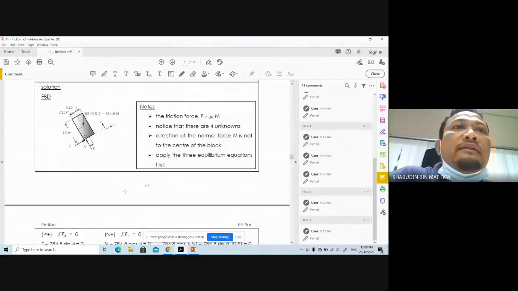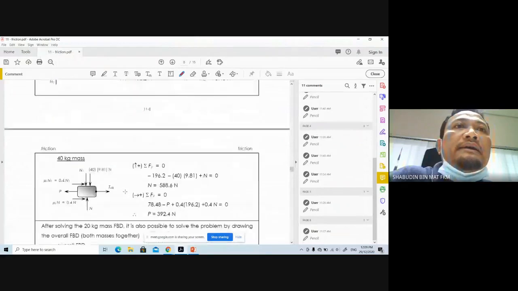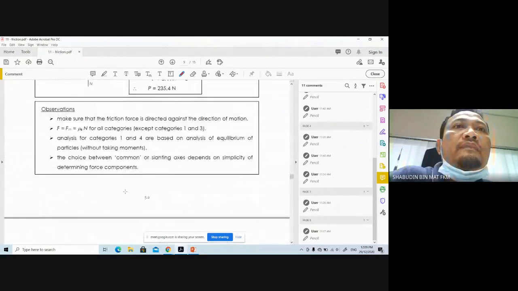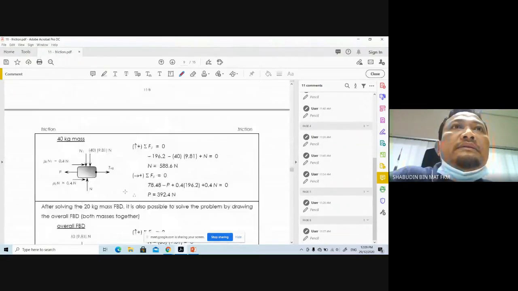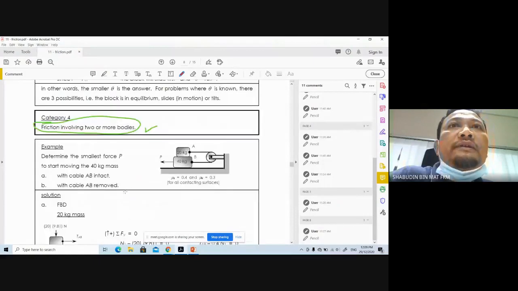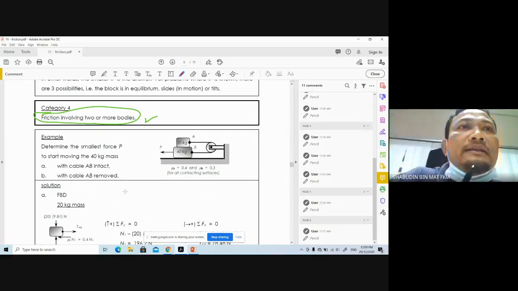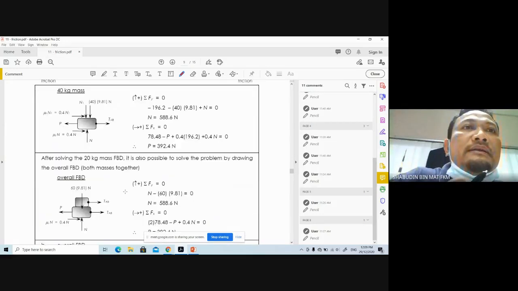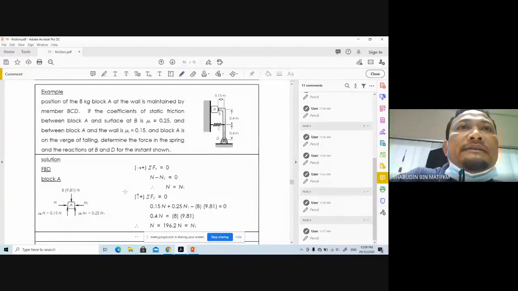The last category that we do is the fourth category, and the fifth category also, which involves more bodies. Actually, I should tell you that we have a category 5. Category 5 is the simplest one.